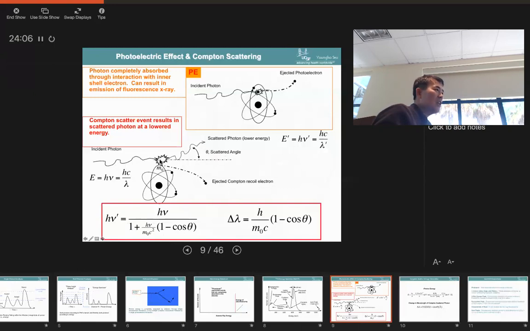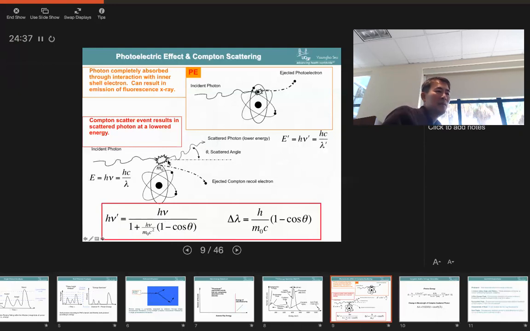You didn't lose any energy, right? So if theta equals 0, your scattered photon energy should be exactly the same as the incident photon's energy. Does it make sense? If theta is 0, cosine theta is 1, so this entire term is 0. So this is exactly h nu, the same as the original energy of the incident photon.